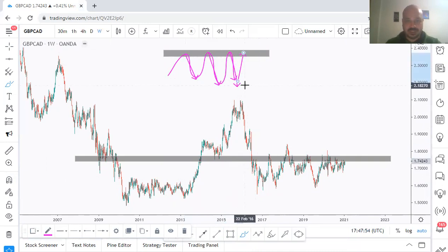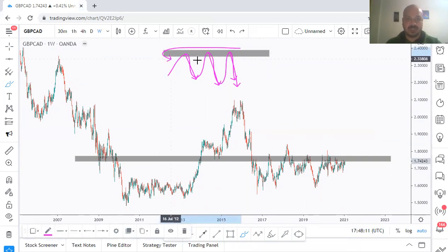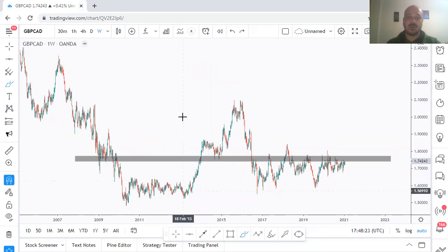So the more touches this resistance is having, the less likely that it will reject, as the liquidity around it would be dropping, as many sell orders are already being filled, and no matter which type of traders you are, this one is no longer fresh. That's why our resistance would eventually be broken and it would become support, just like what's happening here. That's why we want to identify support and resistance, as this one would last longer.